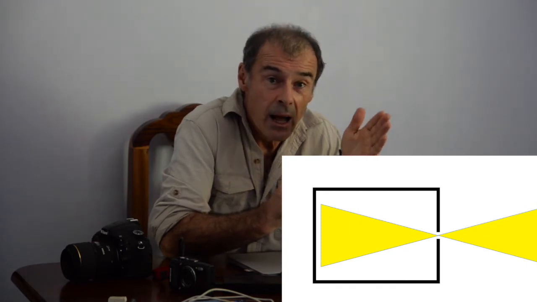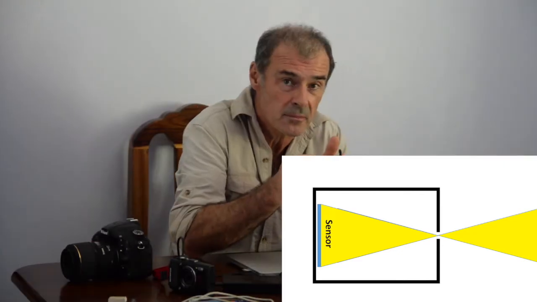But let's make a start here. So fundamentally, every camera, whether it's a modern digital SLR, a mirrorless camera, or a 70-year-old film camera, is essentially just a light tight box with a hole at one end that allows light to pass through, and some light sensitive material at the far end.